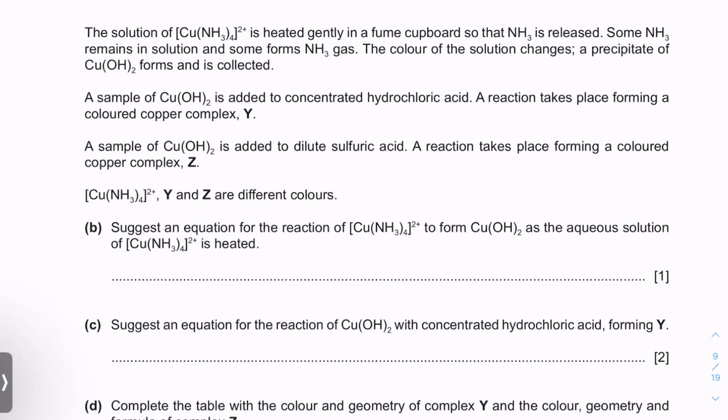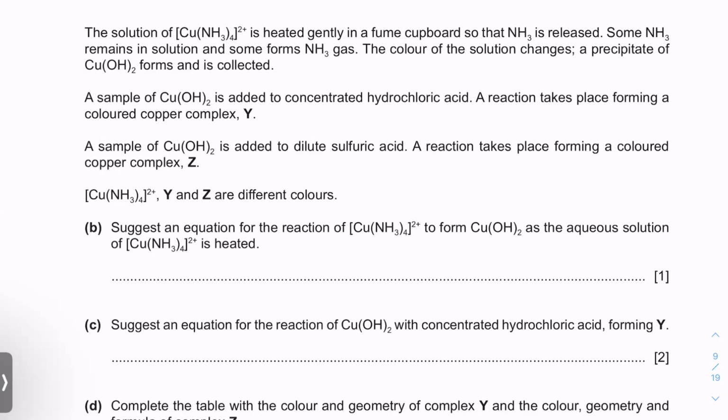Yeah, even ammonia. A sample of this is added to sulfuric acid. The reaction takes place forming a colored complex. Suggest an equation for the reaction of copper with 4 ammonia to form copper hydroxide as the aqueous solution of copper. So when we heat it, we should get copper hydroxide.